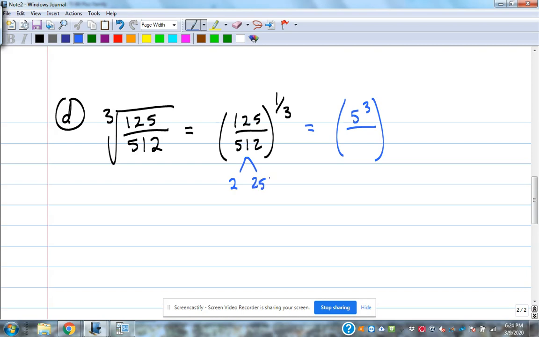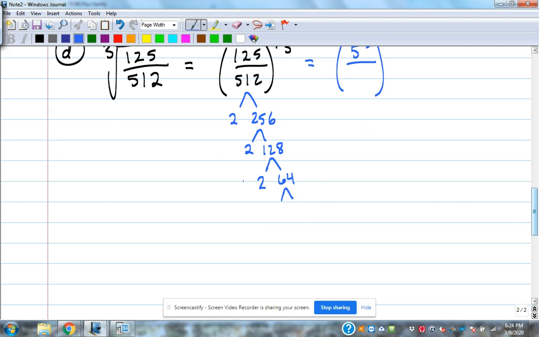2 and 256, because it's even. I don't know much else about it. And then 256 is also even: 2 and 128, which is also even, which is 2 and 64, which is also even. 2 and 32, 2 and 16, 2 and 8.